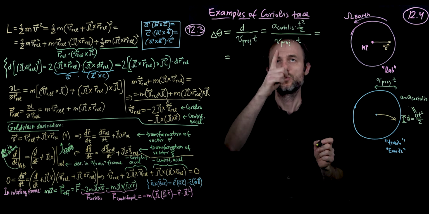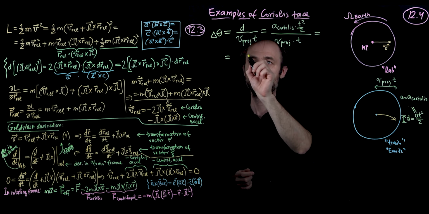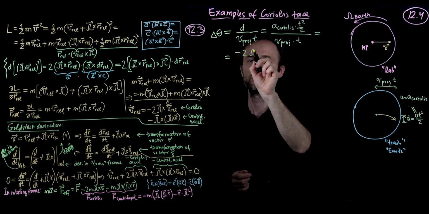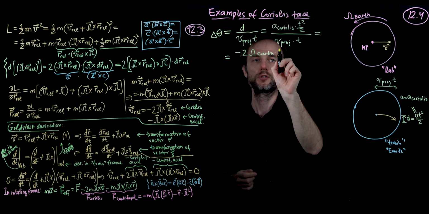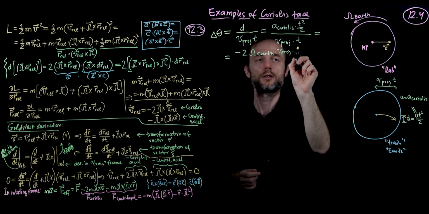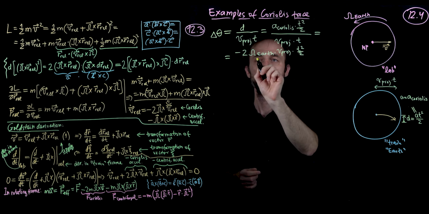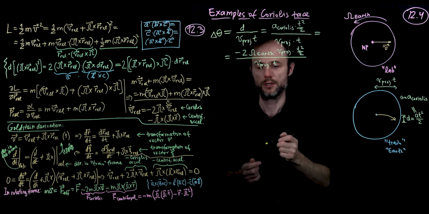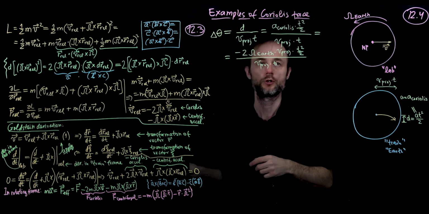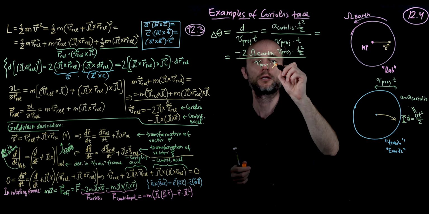So let's see, what is a Coriolis? It's going to be minus 2 omega Earth times v projectile times t squared over 2, and all of that is going to be divided by v projectile times t. So let's see which terms we can cancel.